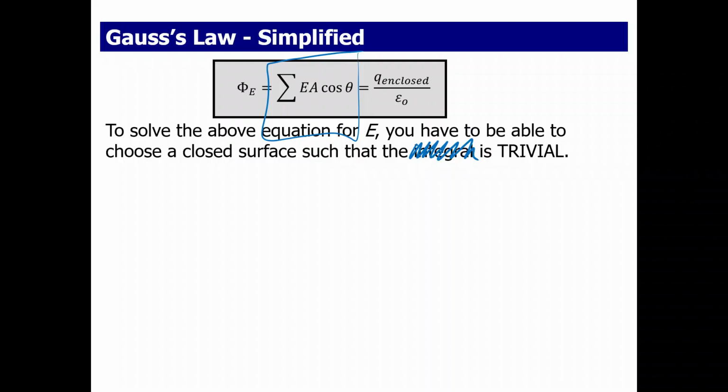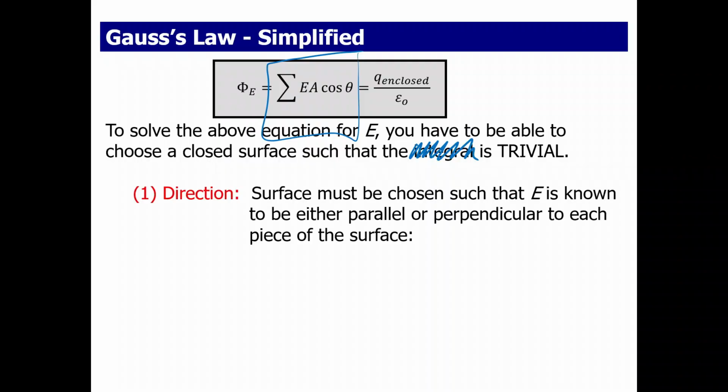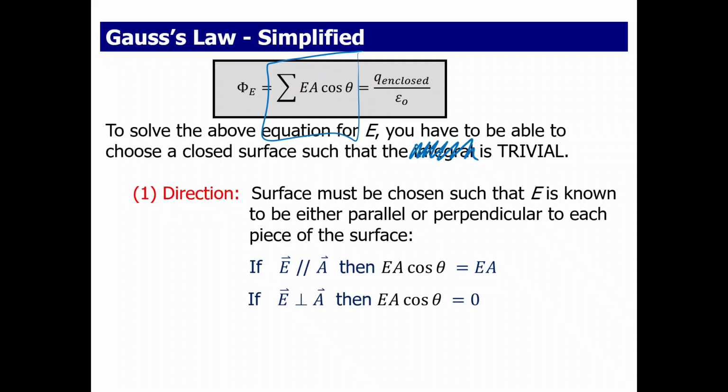So what we want to do is select our surfaces so that they are either parallel or perpendicular to the field. So cosine theta is either going to be 0 or 1. If our electric field is parallel to A, then EA cosine theta is E times A. And if E is perpendicular to A, then EA cosine theta is just 0.